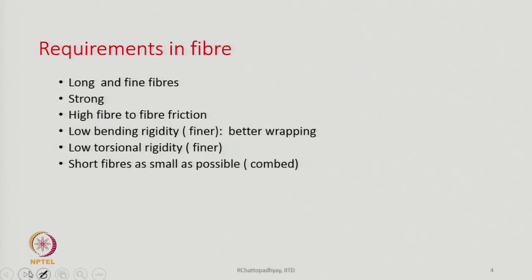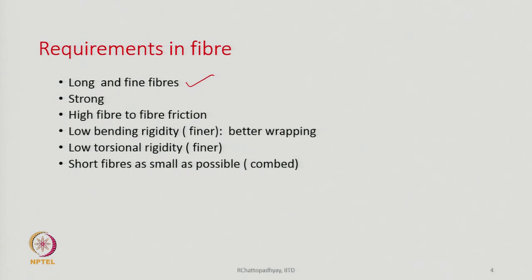Next is requirement in fibers. So, what are the parameters in the fiber which are really suitable? One is the fiber should be long and fine, they should be preferred.